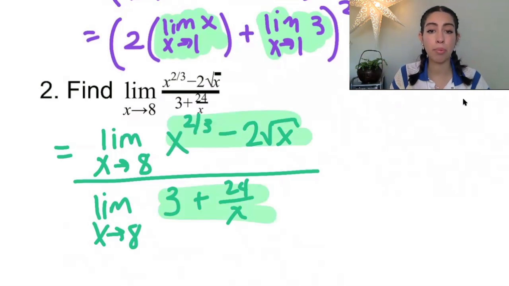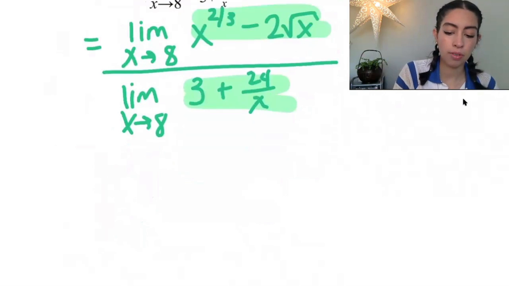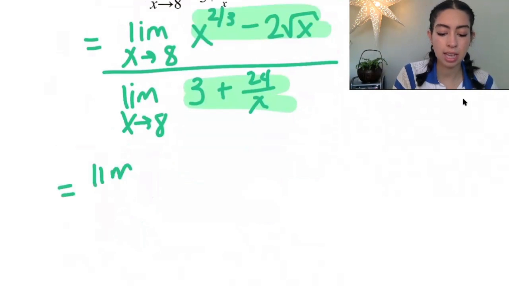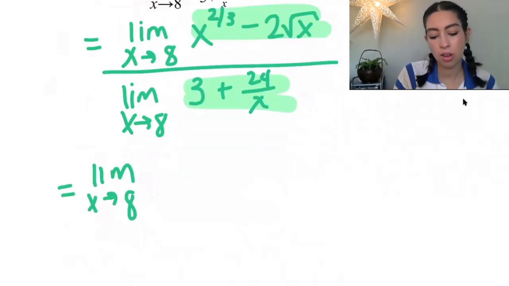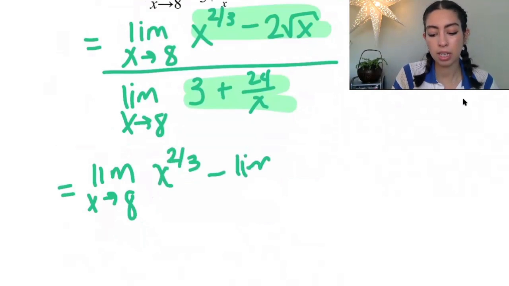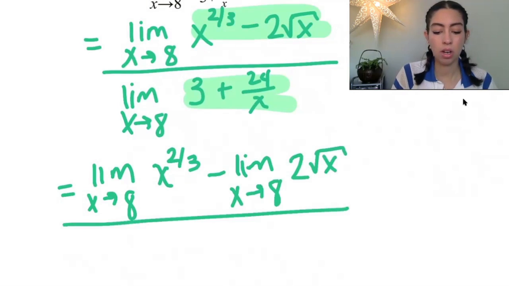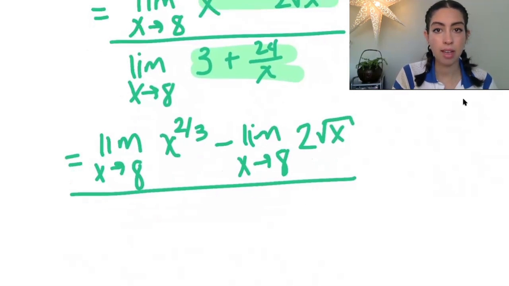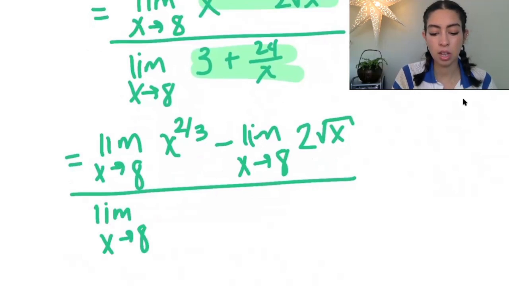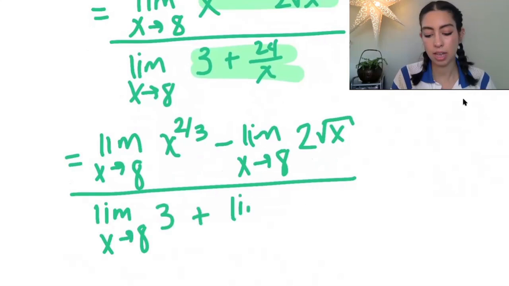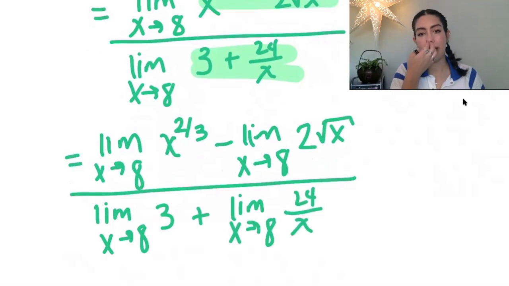apply the sum property. So this will give us the limit as x approaches 8 of x to the 2/3 minus the limit as x approaches 8 of 2 root x, all divided by the limit as x approaches 8 of 3 plus the limit as x approaches 8 of 24 divided by x.